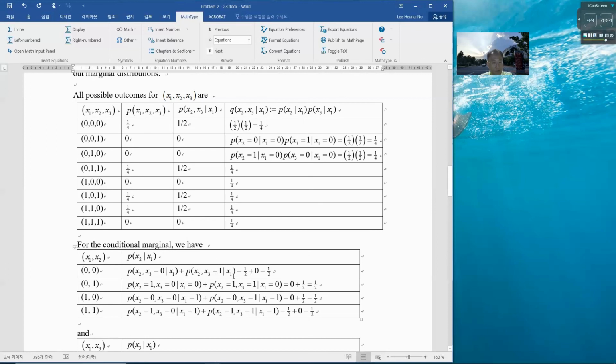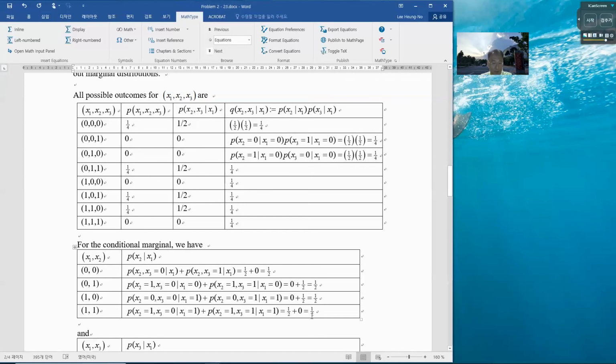And then what about the second one? So x1 is 0, x2 is 0, x3 is 1. That is this case, which is 0. So half plus 0 is half. And then you can continue on with the rest of them.